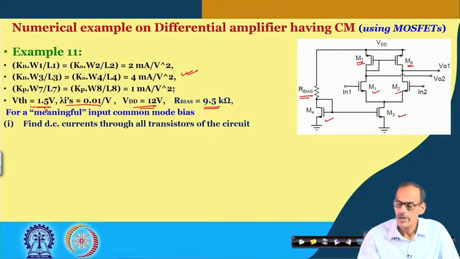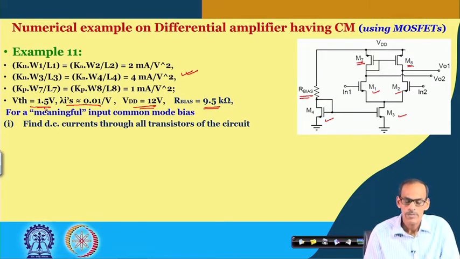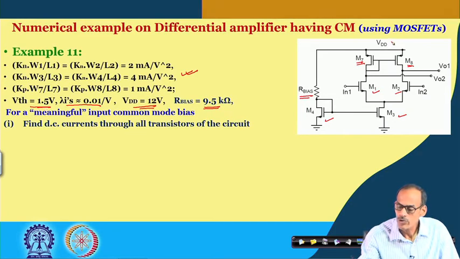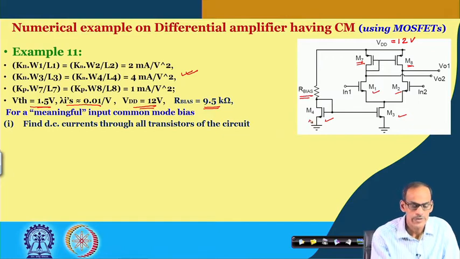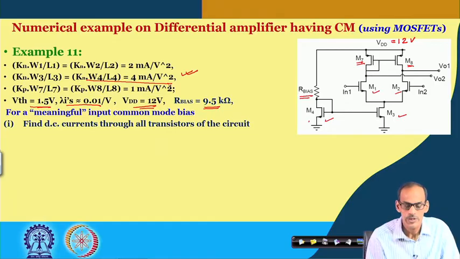The analysis part will be very similar to the other circuit which we have just discussed, having BJT implementation, but probably the DC operating point may be a little different. So, let me calculate the DC operating point. We do have a 12 volt supply here, and the size of transistor 4 is given here, rather the transconductance factor is 4 milliampere per volt square.